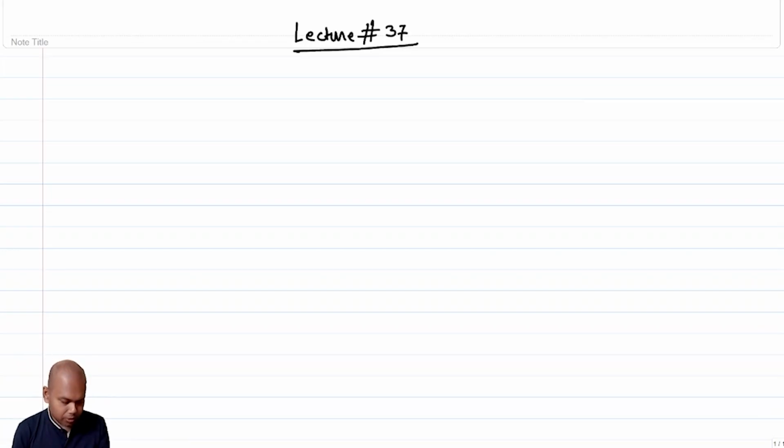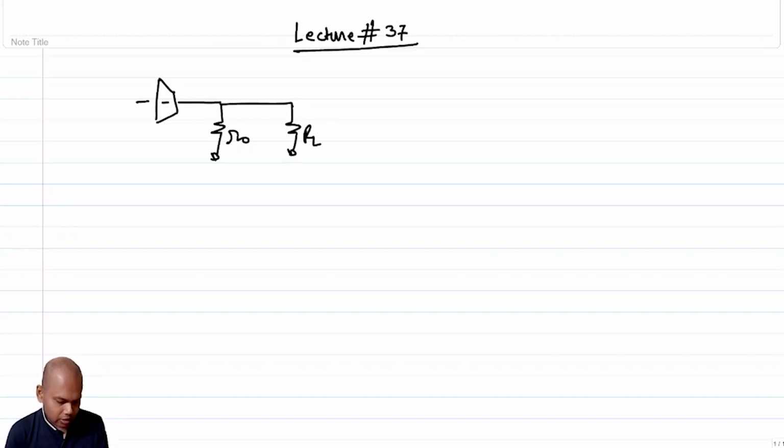We had talked about this briefly, but let me formalize it now. If you have a PA, which is basically a voltage controlled current source, and it has an output resistance R0, and it has to deliver power to some load RL, then what do you want R0 to be?